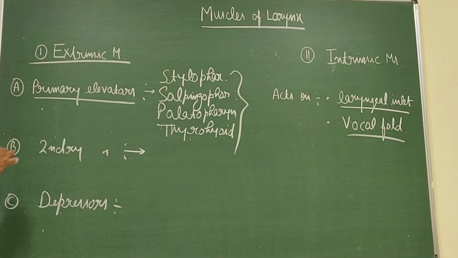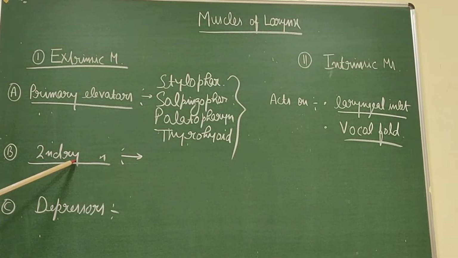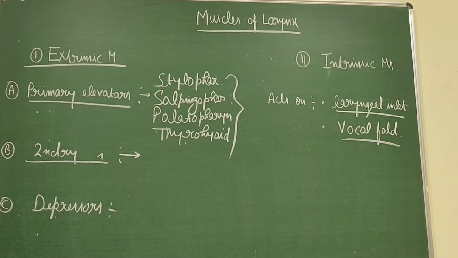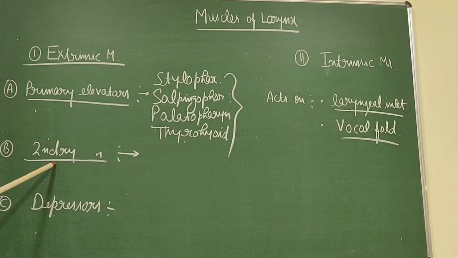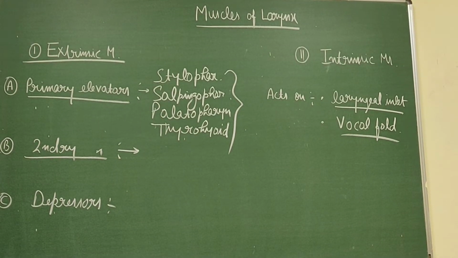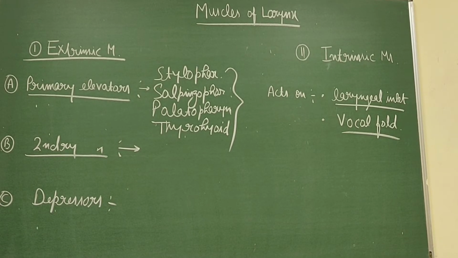While the secondary elevators indirectly elevate the larynx. How? Through the hyoid bone, because the hyoid bone is connected with the thyroid cartilage by the thyrohyoid membrane and the thyrohyoid ligament.